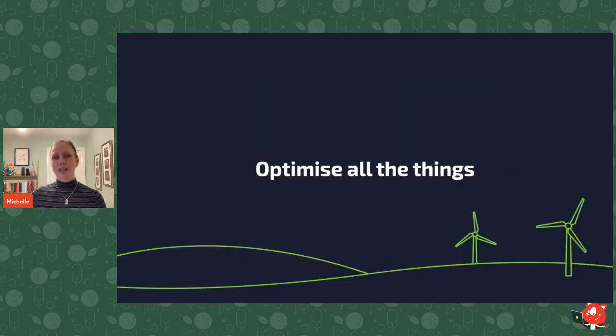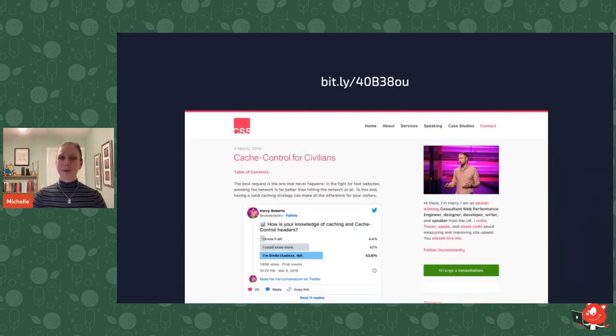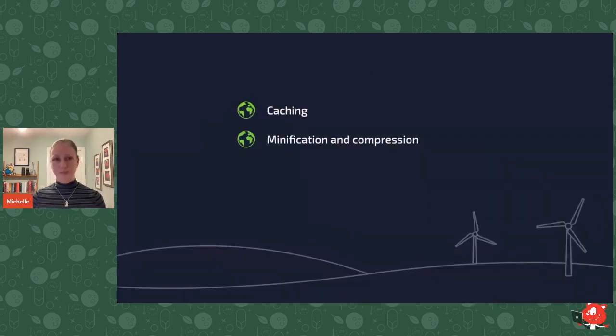So what we should be doing is optimizing everything we can. So cache what you can, on the server or use a service worker. And this is a great article by Harry Roberts about cache control, if this is a new world to you. Minify and compress your code.